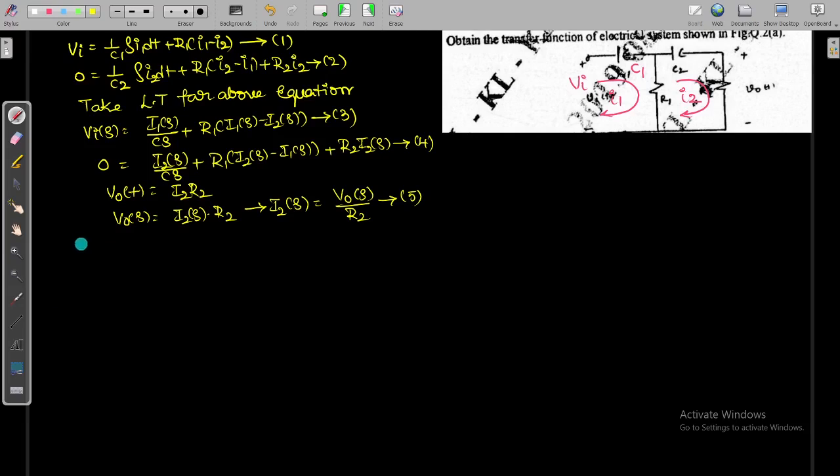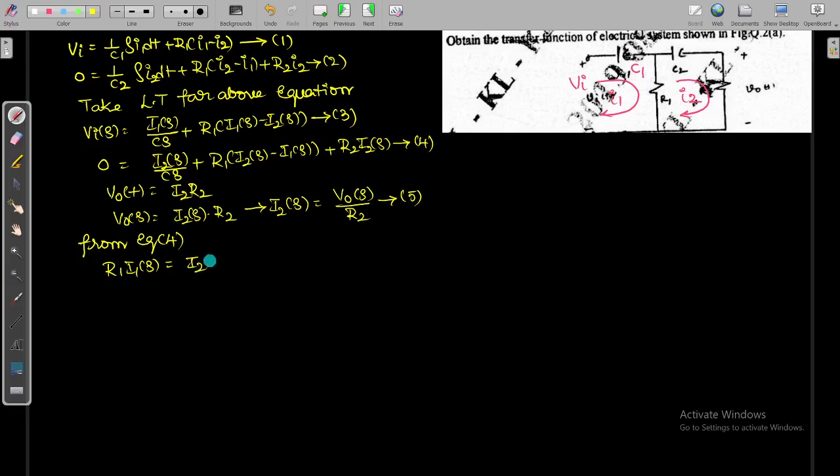From equation 4 we can write I1 of s. So let us take the I1 of s term on this side. So what is the I2 of s term?